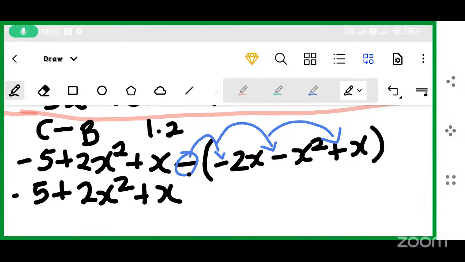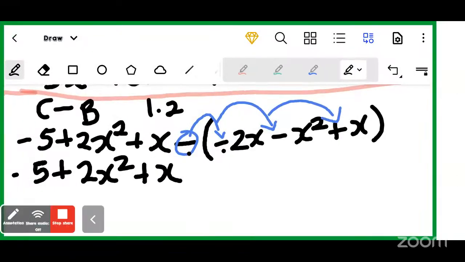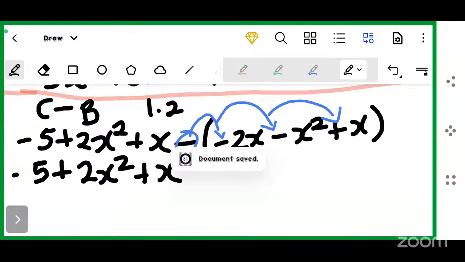What is negative multiplied by -2? So it's going to be -1 multiplied by -2. Oh, we're not dividing, we are multiplying.